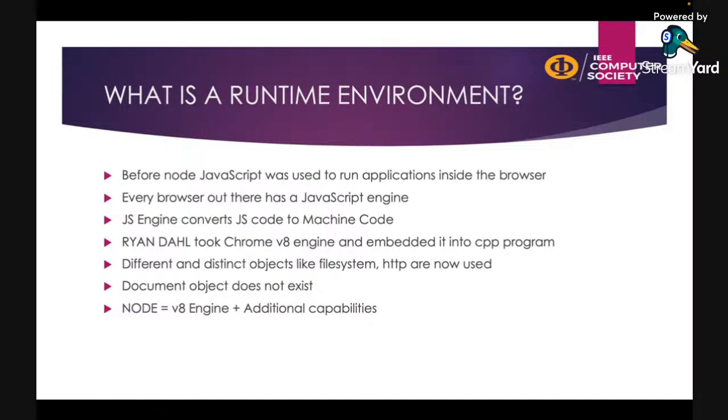Now Node became a runtime environment and it has all the benefits the browsers could have provided and also some objects that the browsers couldn't provide. Node can now be said to be the V8 engine plus additional capabilities that cannot be availed in the browser. Let me make this very clear.